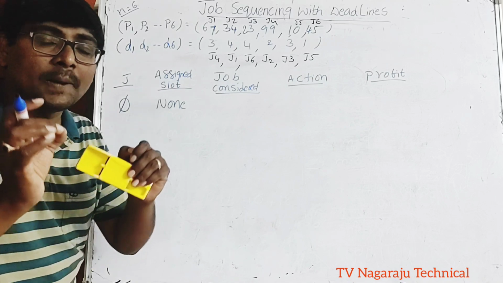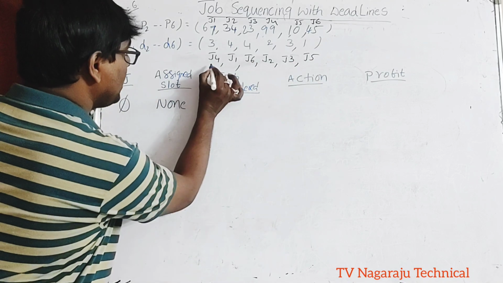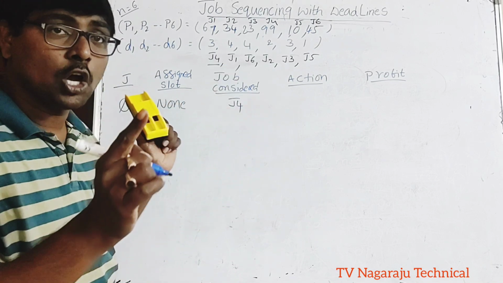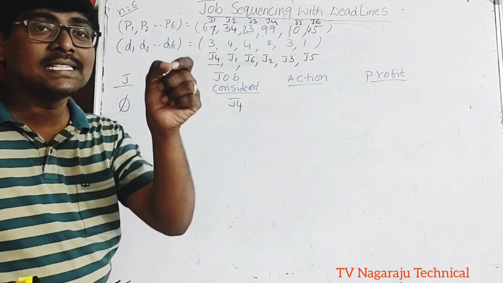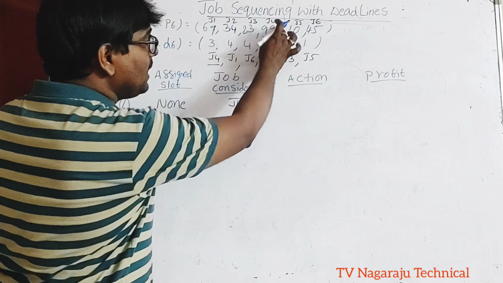Now step by step consider the job. First, which job do you consider? The highest one, that is J4. Once you are considering a job, assign some slot for execution. What is the deadline?